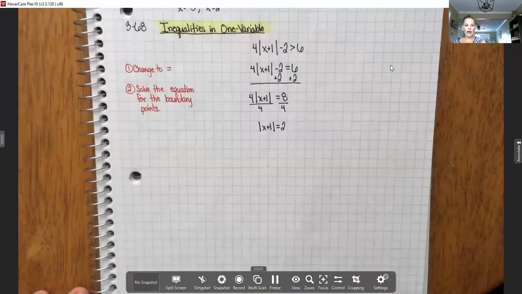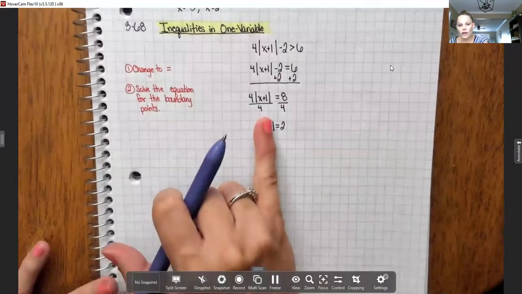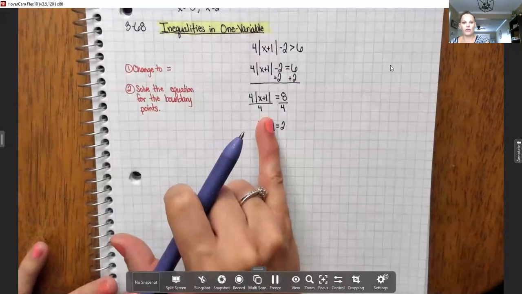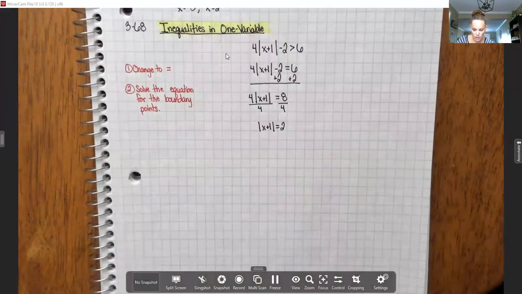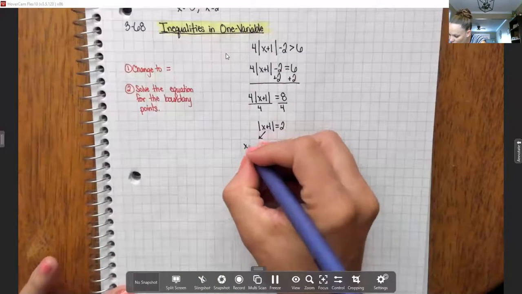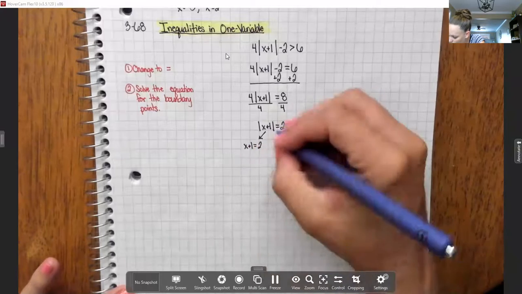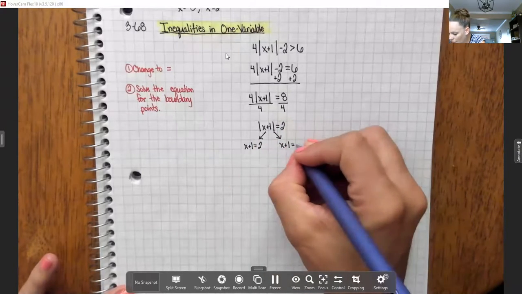And then remember, for absolute values, if you have the absolute value equals a number, we know the absolute value under my finger could be 2 or it could be negative 2. So we have x plus 1 equals 2 and x plus 1 equals negative 2.